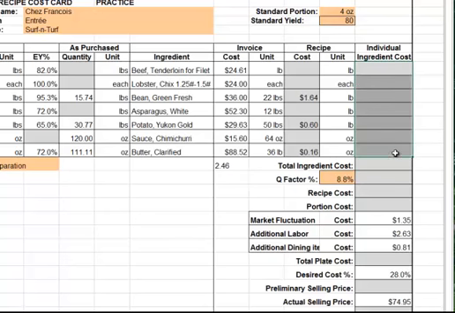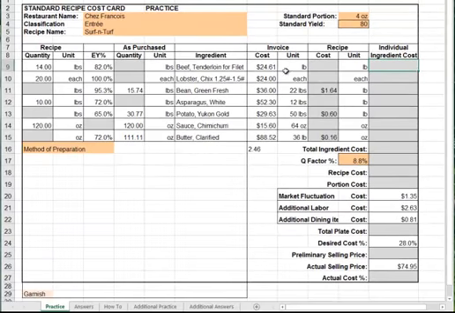This column here, as mentioned, this is the total individual ingredient cost. Biggest thing to remember here is you use your as purchased column times your unit costs to get this answer. Chef, why don't we use recipe? This is the amount that we're left with after we started with this much and we cleaned it and we lost, or the difference, or the yield.